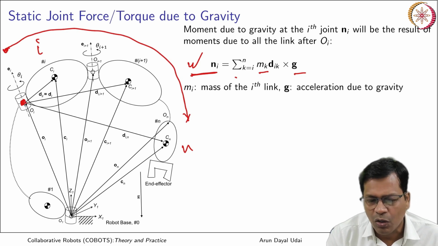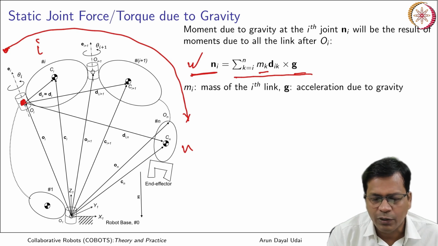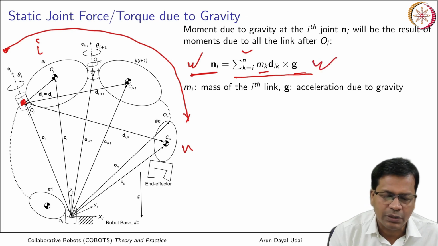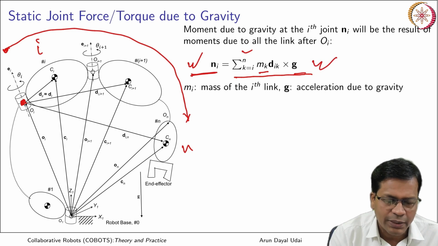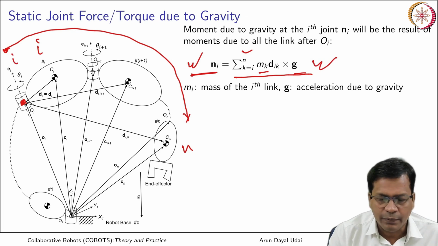So the sum of all the moments, k equal to i to n, d_ik cross m_k g. So effectively this becomes my total moment at the ith joint.